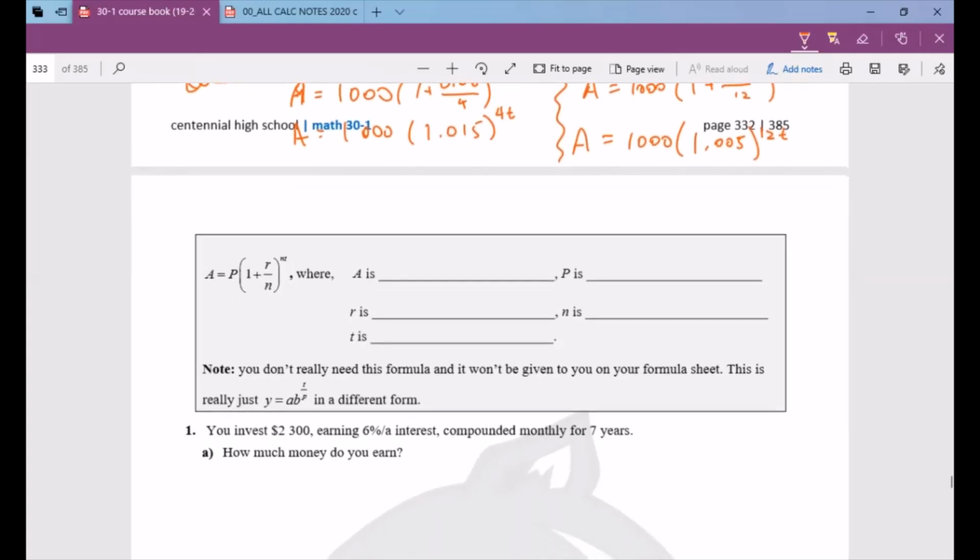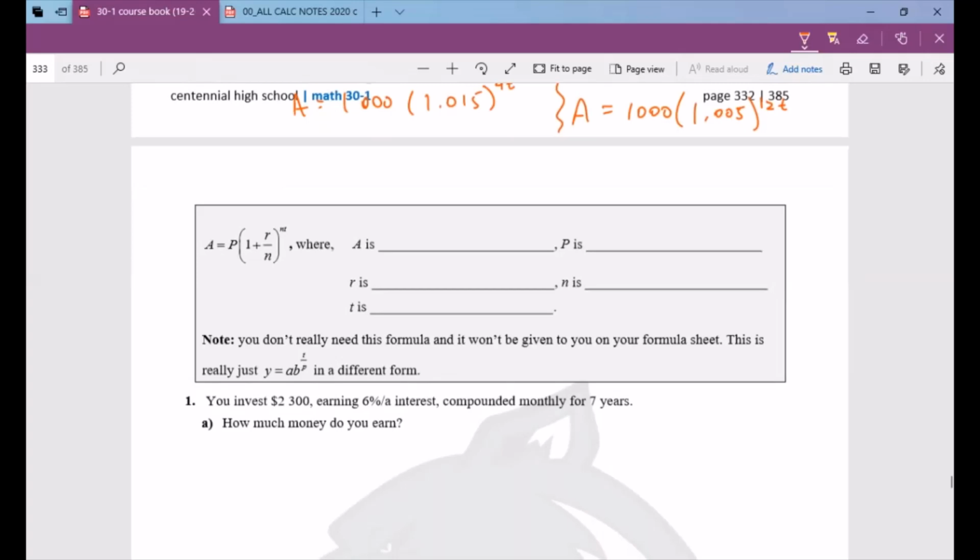So this ends up being our formula for compound interest. It shows up in a lot of places, obviously in finance, but it ends up being a pretty useful idea. This is not on your formula sheet, but it's a pretty decent thing to understand and get your head around how compound interest ends up working. And so what we have here is A, your final amount. P is your principal amount.